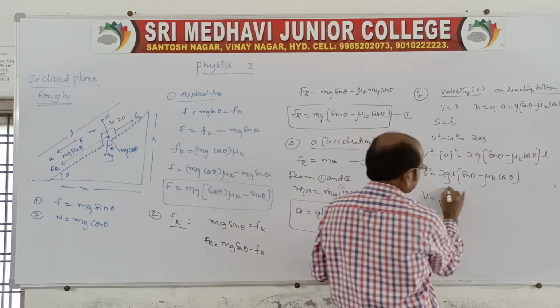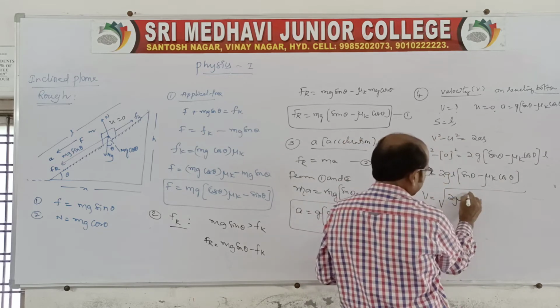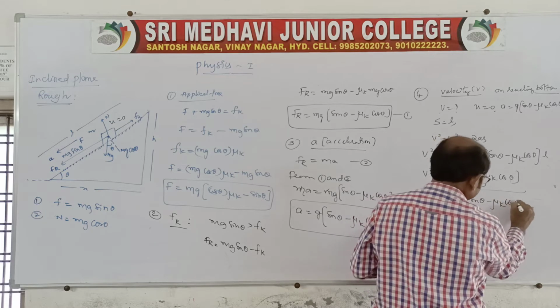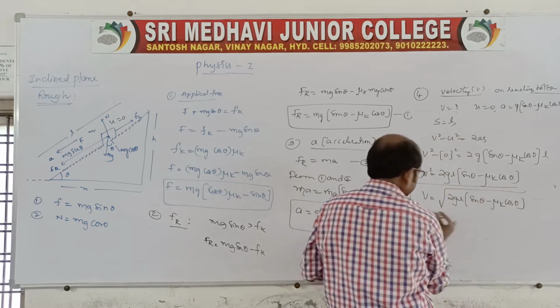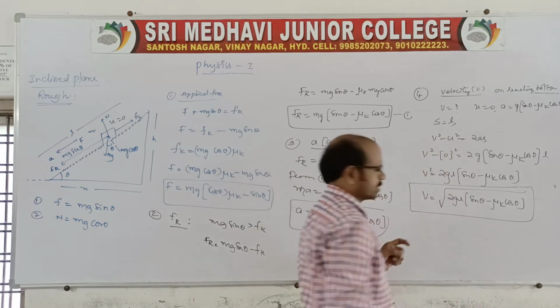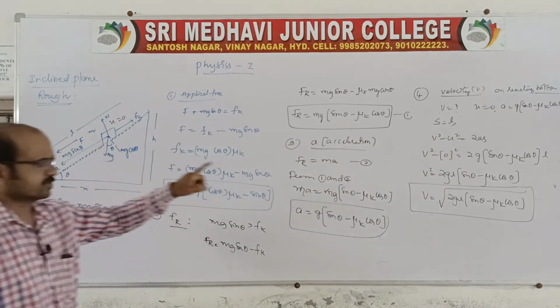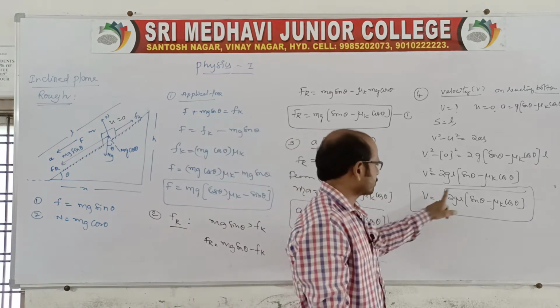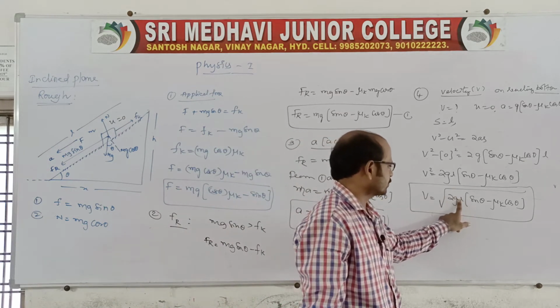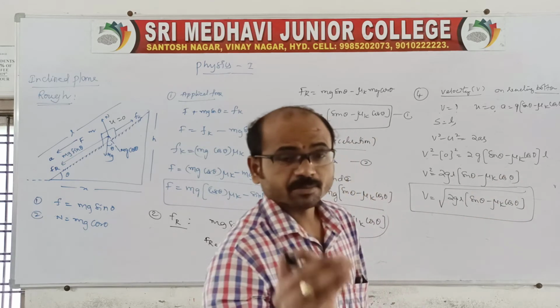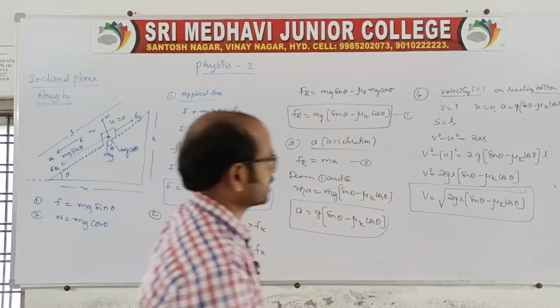Therefore V is equal to root over 2gL of sin theta minus mu k cos theta. This is the speed on the inclined plane when the block is sliding down on the rough inclined plane.